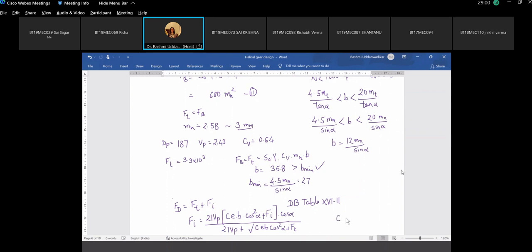What is the value of C that we are taking? We have taken both the material as steel. So for steel and steel, 20-degree full depth, what is the value of C?